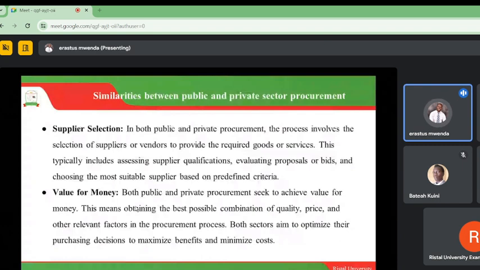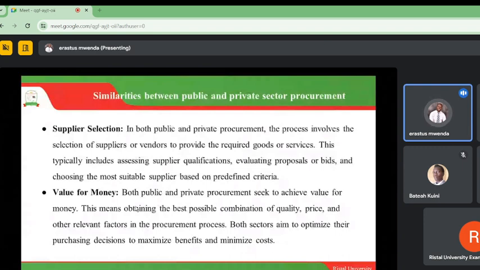That's what we say in private, they want to maximize on profit. So if there are avenues that you can increase your profit, maybe choosing supplier A, of course, you have analyzed and found even if they're charging a lesser amount, they are still able to meet the aspects that we are talking about in terms of quality, price, and other procurement factors.